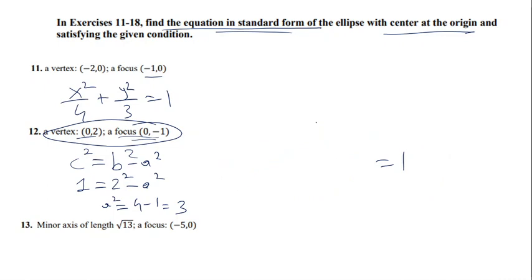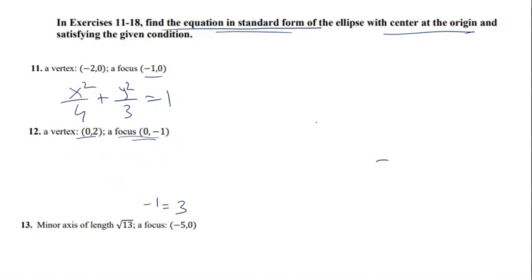Now in the other question we have a different case. I think it was this, right? Let's read the question first. The minor axis has length square root 13.